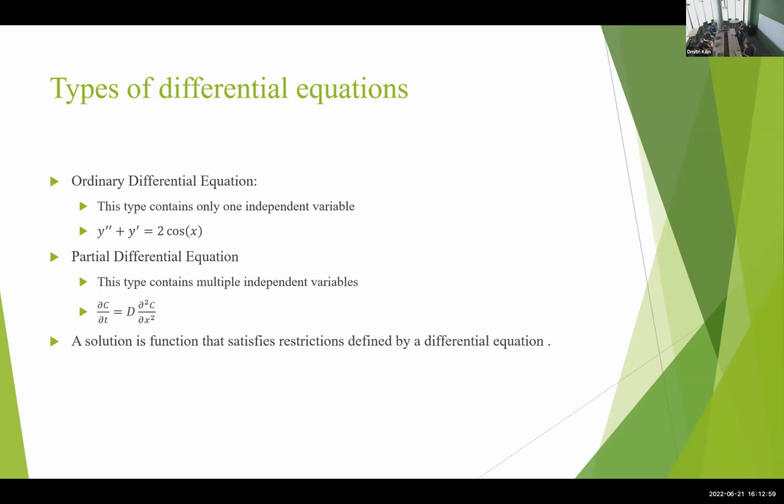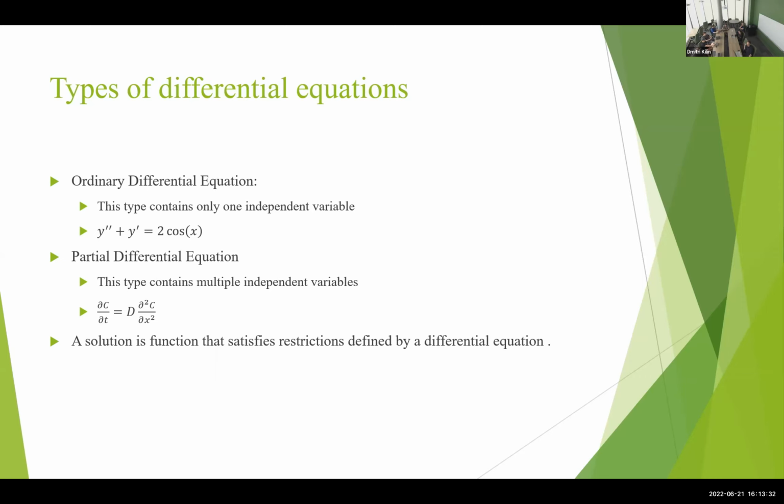And we have other definitions: ordinary differential equations and partial differential equations. Ordinary differential equations only include one independent variable. For example, in these examples, which show second order equations, the only independent variable is x, and y as a function depends on x, which is only one variable.